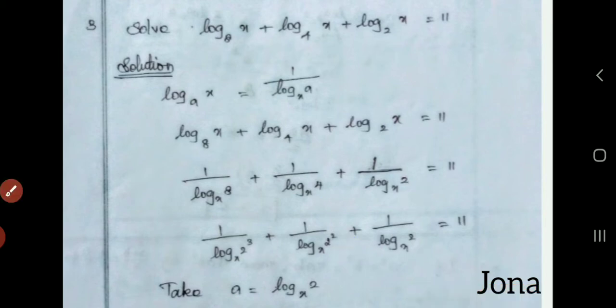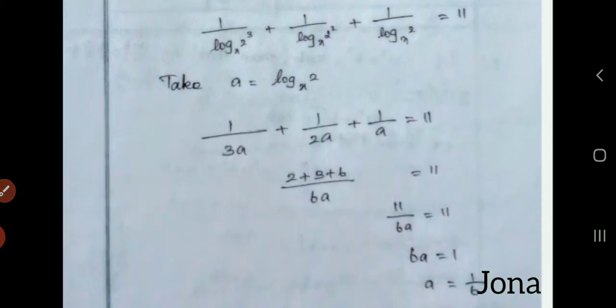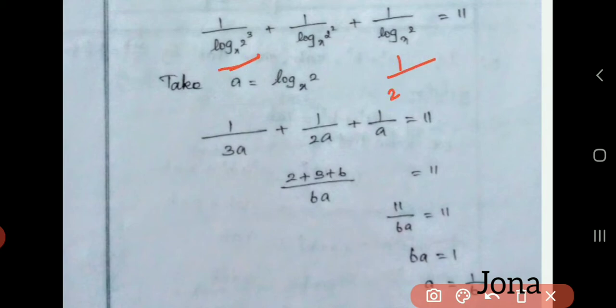Then we can take the power to the front. In the first term I have 1 by 3 log 2 base x, similarly for the second one 1 by 2 log 2 base x, and for the next one 1 by log 2 base x.